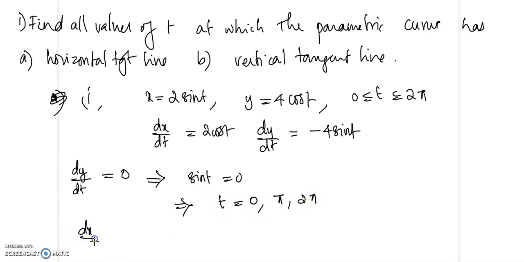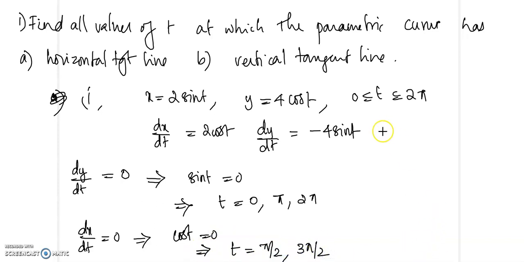Now let us look for the values where dx by dt is equal to 0. dx by dt is 0 when cos t is 0, which happens when t is equal to pi by 2 and 3 pi by 2.